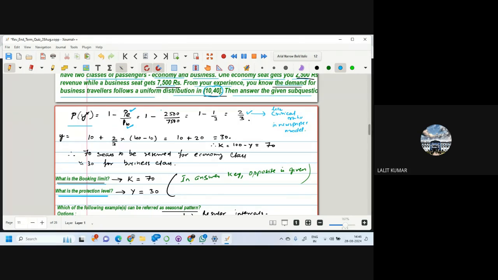So y is equal to 10 plus 2 by 3 into 40 minus 10. This becomes 30, and this gives you the protection level for the business class. These are the business class seats which you should keep, and 100 minus y is equal to 70. This is the economy class. This is an important question. In most of the PYPs, this kind of question has come. So remember this formula: P(y*) is equal to 1 minus Pe by Pb, then you find y, which is the protection level, and subtract this from the total number of seats. You get the booking limit.